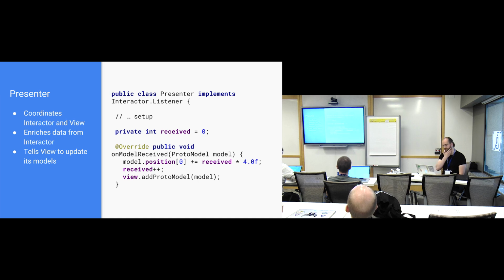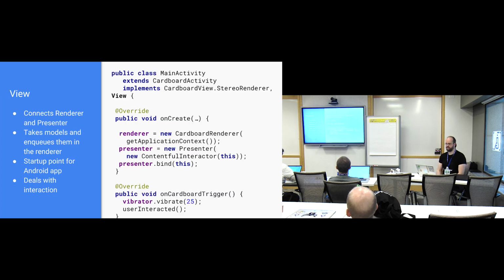The same thing for the presenter, right? The presenter implements the interactor listener, and whenever it receives a model from the interactor, it positions the object next to the other ones it already got. So in the end, we will get a list of objects showing up.